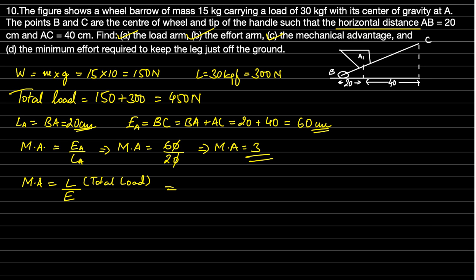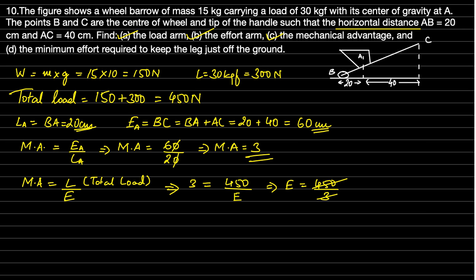So mechanical advantage, we know it as 3, is equal to total load, we got it as 450 newtons, divided by effort. Effort goes to the other side. So we get effort is equal to 450 divided by 3. Now 3 15s are 45.